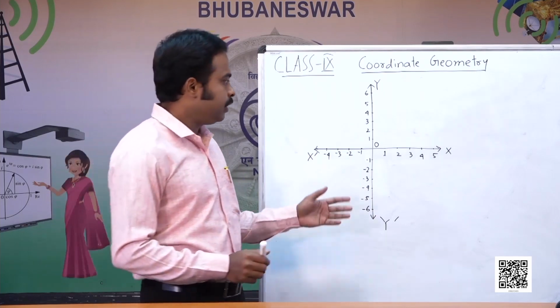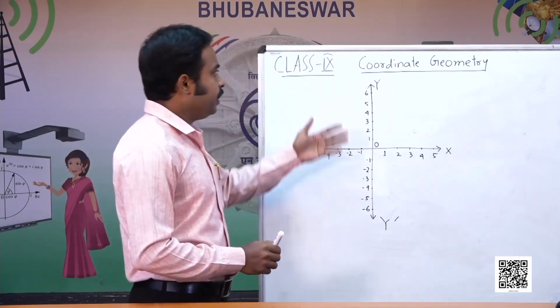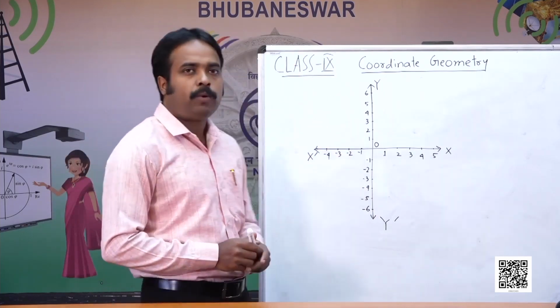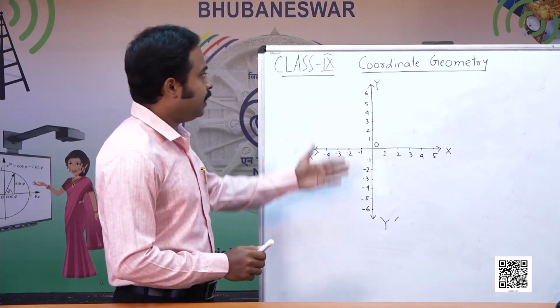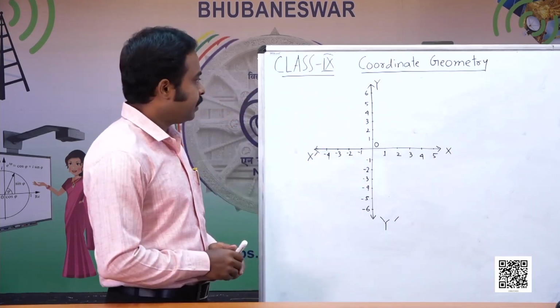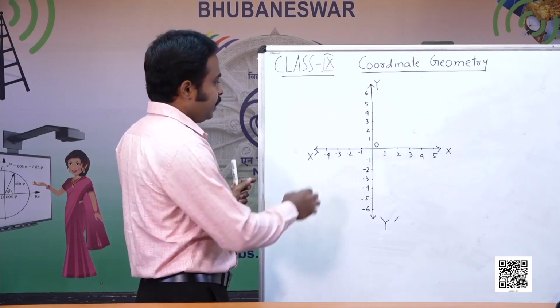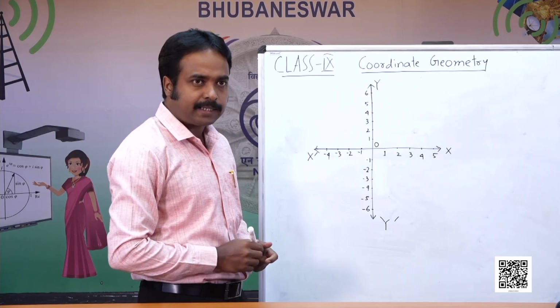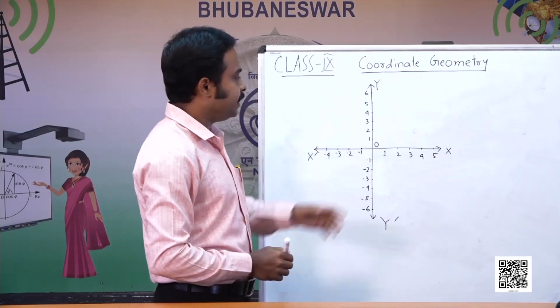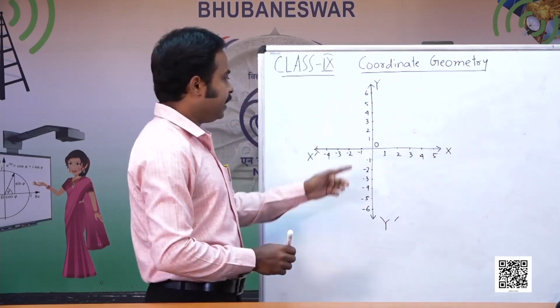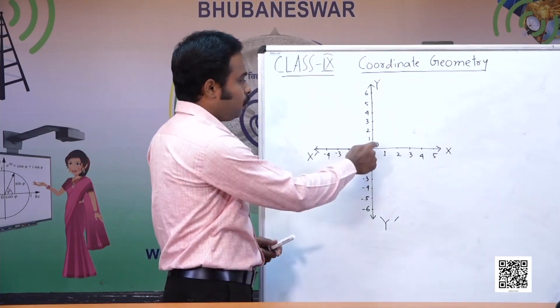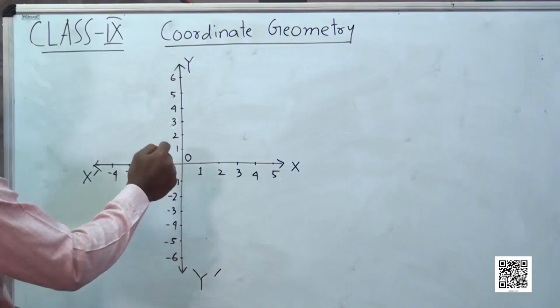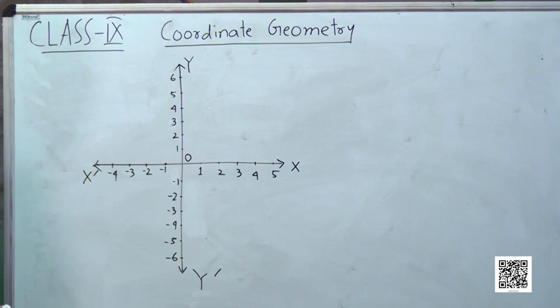Now students, if we take the face of this whiteboard as the Cartesian plane, then this horizontal line is the x-axis, this vertical line is the y-axis, and they intersect at the point O, and we are taking this point as the origin.